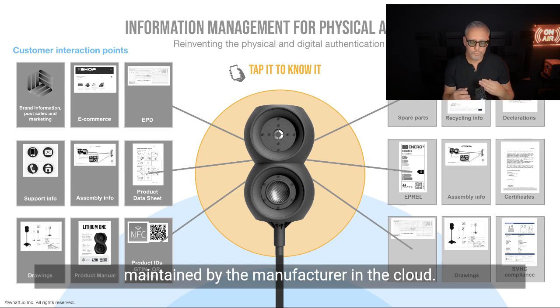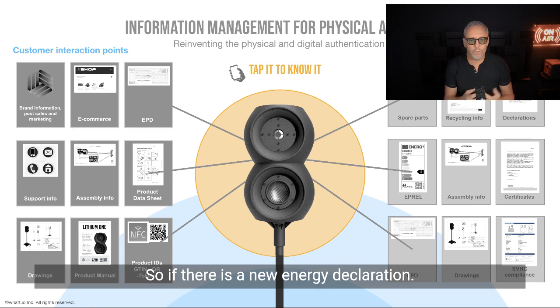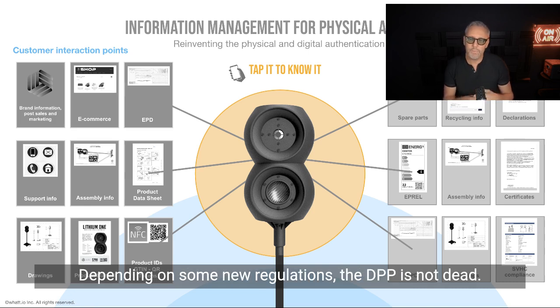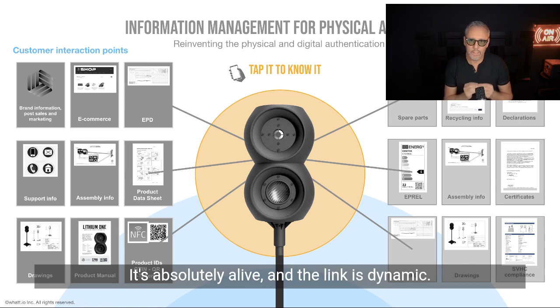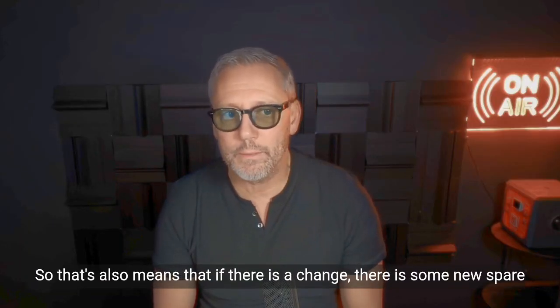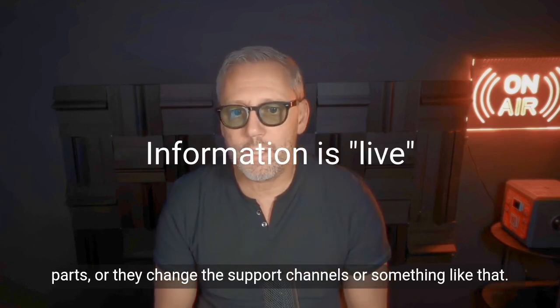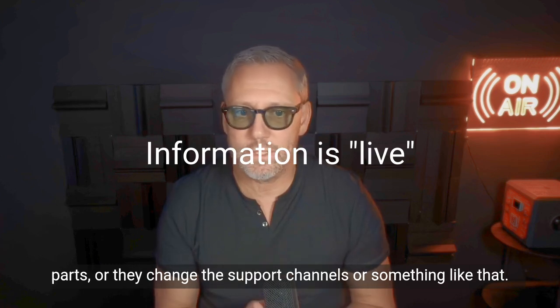There is also a way for these DPPs to be alive. They can be updated. If there is a new energy declaration, depending on some new regulations, the DPP is not dead. It's absolutely alive, and the link is dynamic. That also means that if there is a change, some new spare parts, or they change the support channels or something like that, all this information is live.